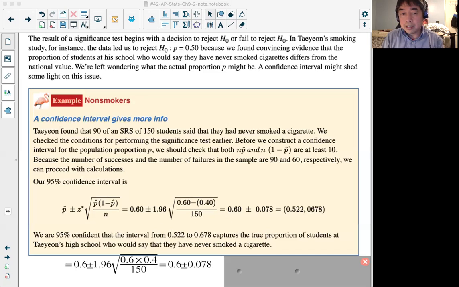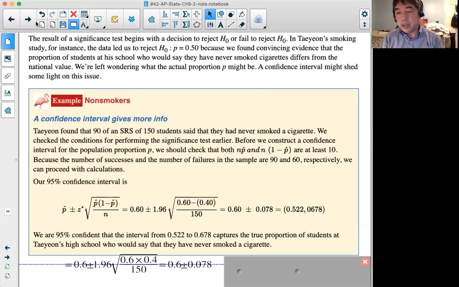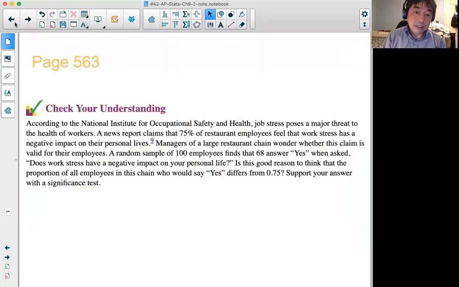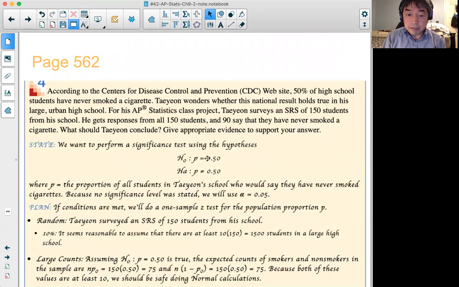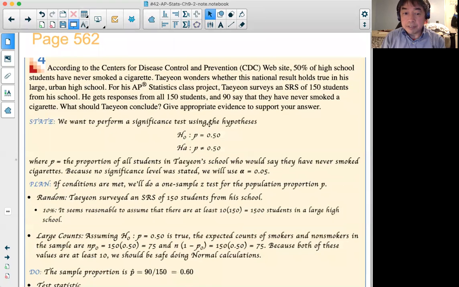So why did we do this? Because earlier in the class we did the hypothesis test. What we did was a 50-50 chance, from the Centers for Disease Control and Prevention website. It was a 50-50 chance that high school students have experience smoking a cigarette at least once.